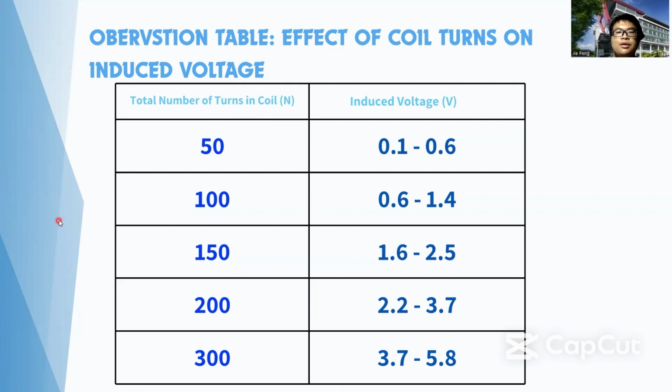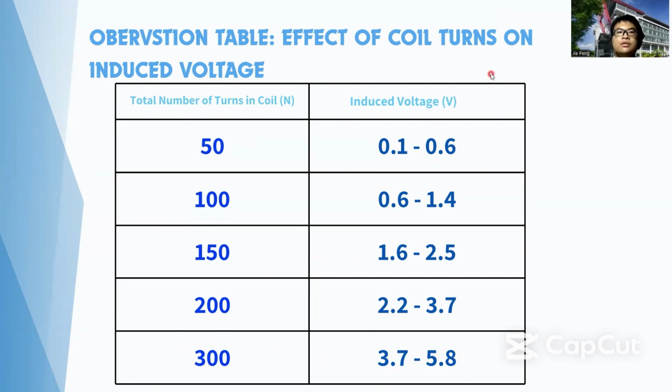For example, with just 50 turns, the induced voltage ranged between 0.1 and 0.6 volts. But when we use 300 turns, the induced voltage increased significantly, ranging from 3.7 to 5.8 volts.